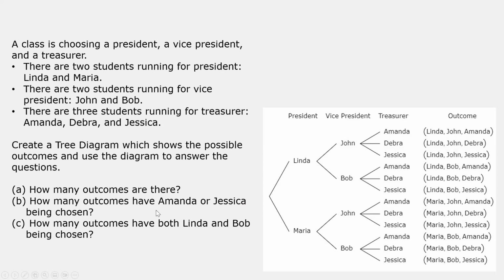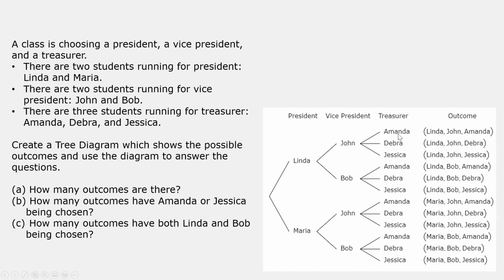And then it asks, how many outcomes have Amanda or Jessica being chosen? So Amanda and Jessica are both running for treasurer. So we really just have to go down the list and say, well, there's an Amanda, there's a Jessica. There's an Amanda, there's a Jessica. There's an Amanda, there's a Jessica. So there should be 8 possible ways.